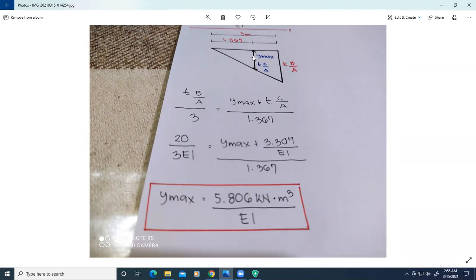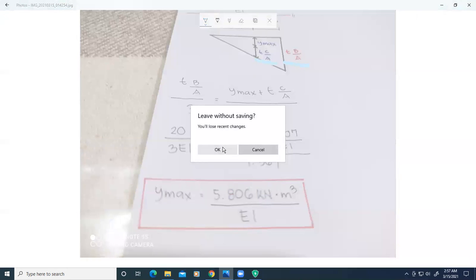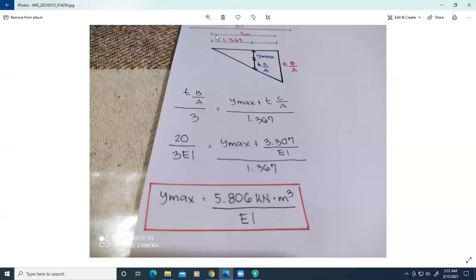As you can see, these triangles are similar triangles, so we can use the ratio and proportion to solve for y max, because we already know the deviation from A to C and the deviation from A to B, and this distance is 3 meters and 1.367 the x.